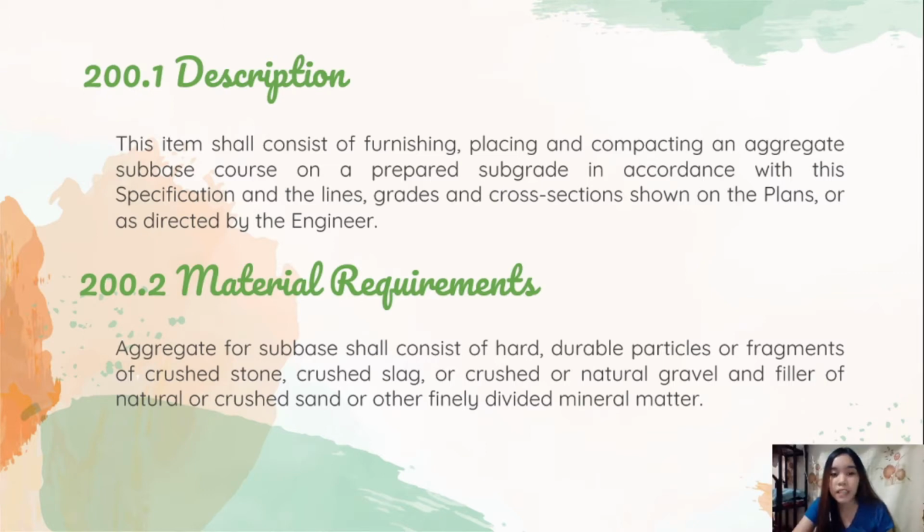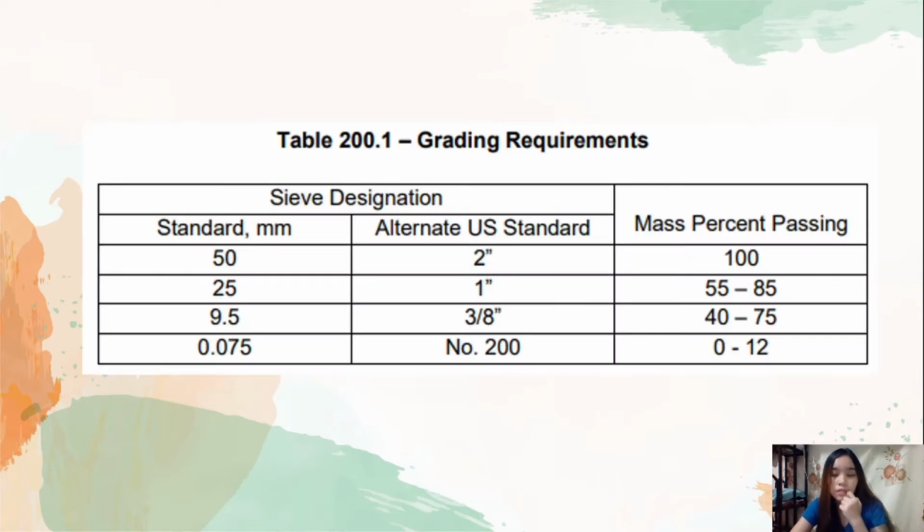Also, the composite material shall be free from vegetable matter and lumps or balls of clay and shall be of such nature that it can be compacted readily to form a stable or firm sub-base.